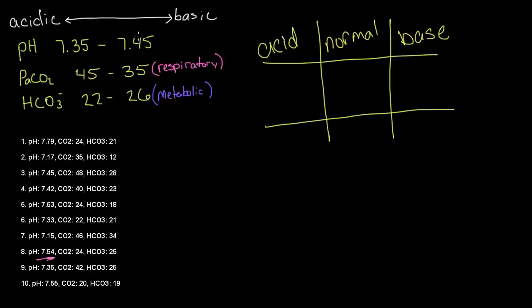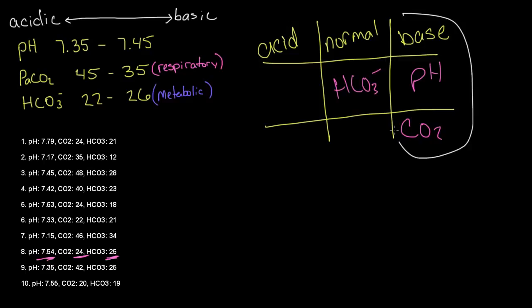7.54 is our pH. This is more basic, so pH goes in the base column. Our CO2 is 24, which is also a base. And our bicarbonate is 25, which is normal, it's in our range. So our HCO3 goes in the normal column. Our tic-tac-toe is over here in the basic column, so we are in alkalosis.